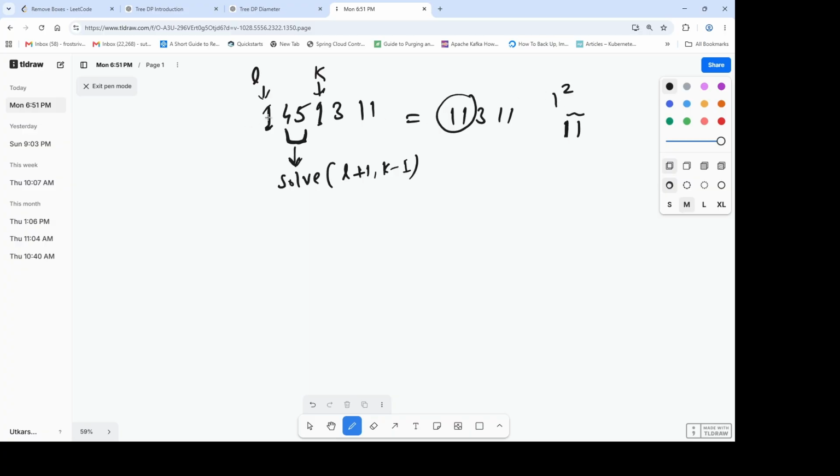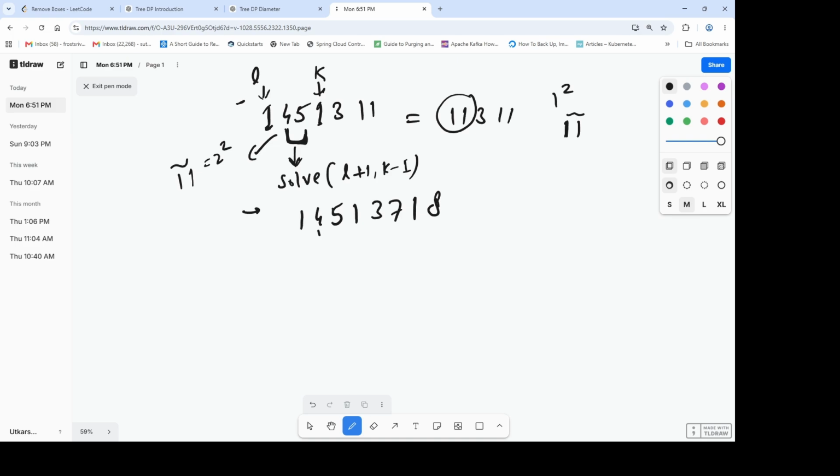Like in this case, if we remove this one, like here only, we will get one square. But if we remove this first, 4 5, then this will be something like 1 1, so it will be 2 square. Similarly, we will find for all the matching cases, right? For example, this 1 4 5 1, 3 is there, 7 is there, 1 8, right?